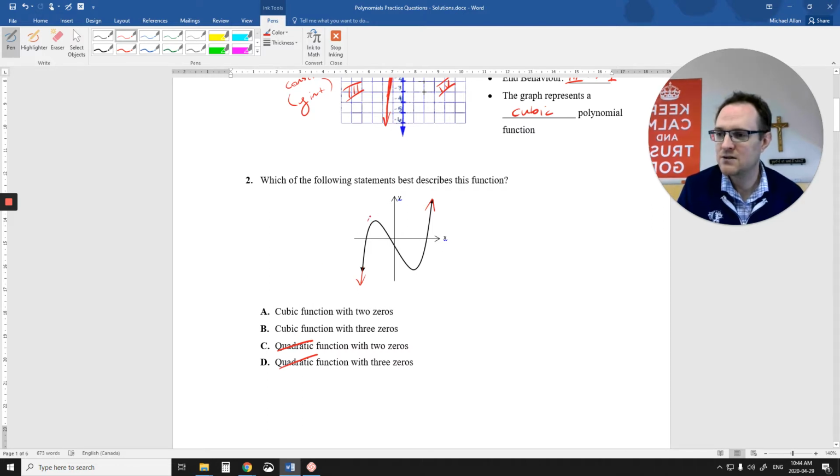This one actually has 2 turning points. It doesn't ask that question, but there are 2 turning points. And it has 1, 2, 3 x-intercepts here, so we call those 3 zeros. At least that's what I'm counting here, when I print this off.